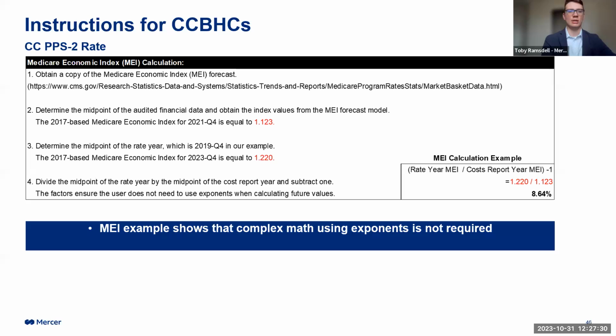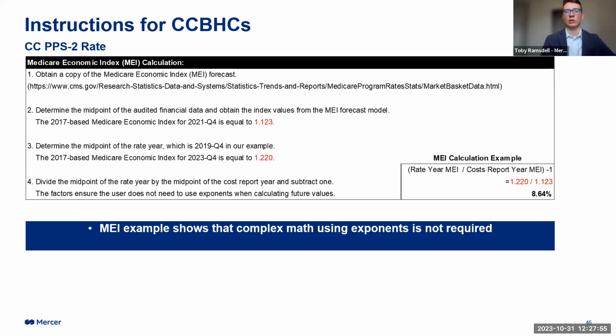So you can see in this example, my reporting period is 2021 Q4 and my rate period is 2023 Q4. So I got the factor from the market basket published by CMS. And I just divide the rate year factor by the reporting period factor. And that gives me an MEI trend of 8.64%.